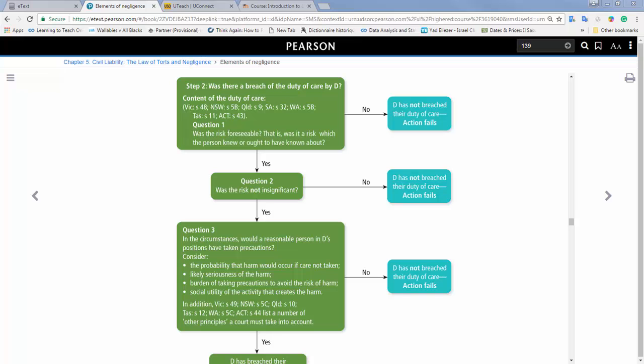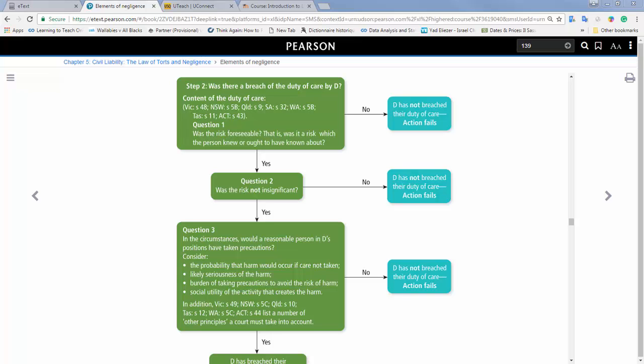Then you have the third bullet, which talks about the burden of taking precautions to avoid the risk of harm. So now that we know that there's a probability, and that probability had a likely seriousness that we could quantify in a way, what on the other hand would be, or could have been, the burden, i.e. the financial burden, the money that the supermarket, in the example we're talking about, would need to pay in order to take precautions to avoid the risk of harm?